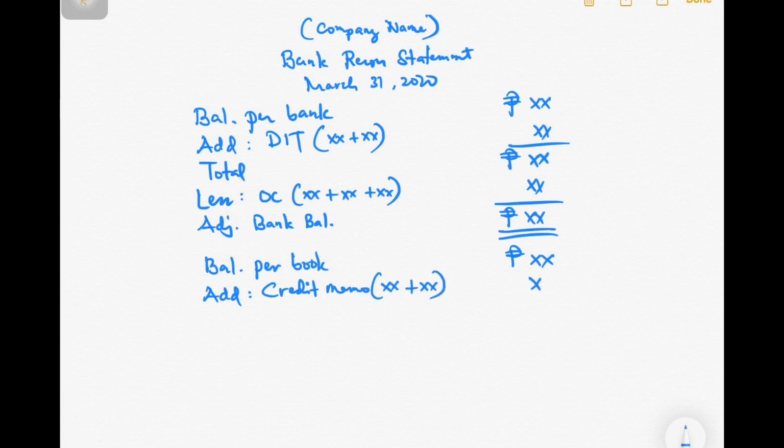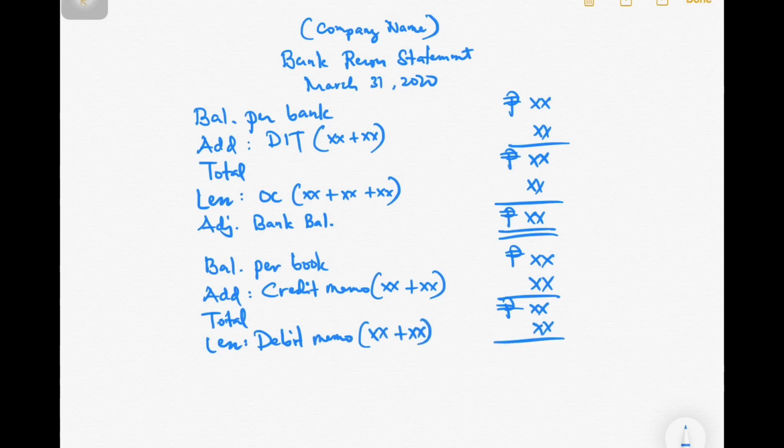Then write the total here. Get the total. And then deduct your BCD. So D is debit memo. Let's say you have, again, 2. 1, 2. To get your adjusted book balance.